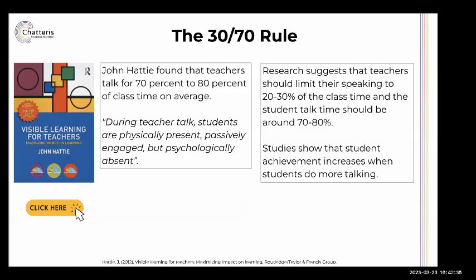John Hattie explains that for lessons to be effective, teachers should limit their speaking to around 20 to 30% of the class time, and student talk time should be around 70 to 80%. So this is what he called the 30-70 rule, which is a very necessary component in a speaking lesson, which promotes students to talk more. And it's quite often challenging to achieve that 30-70% rule during face-to-face lessons.